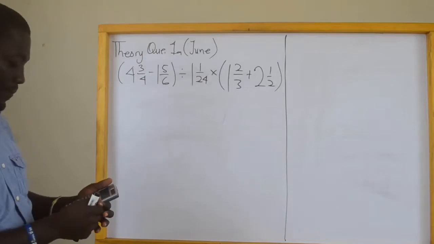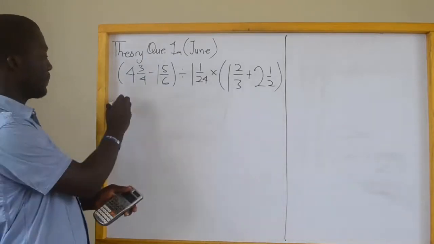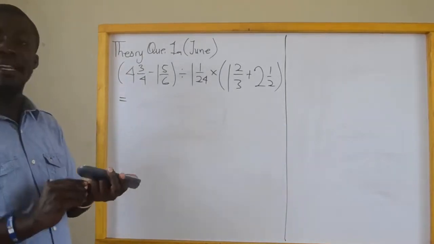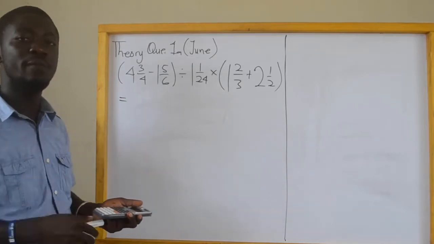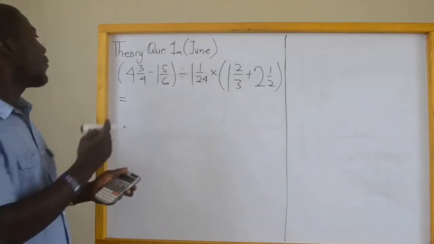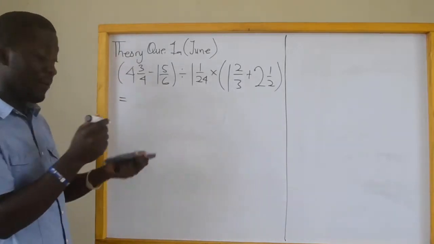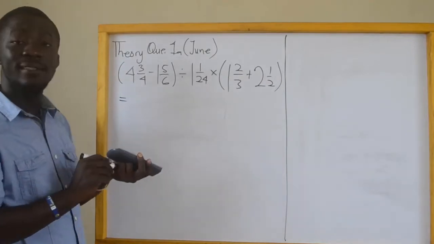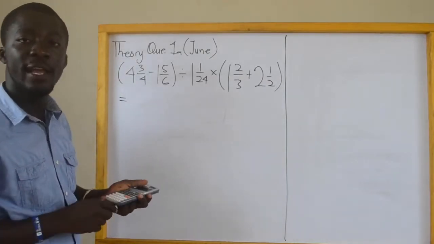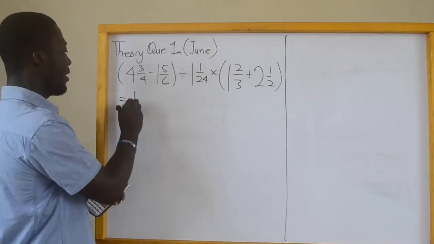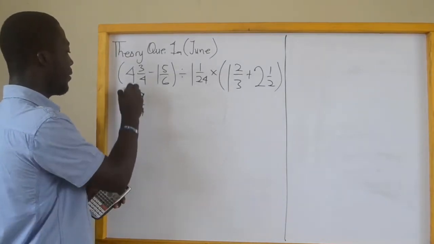Our first step is to convert the mixed fractions to improper fractions. So 4 times 4 is 16, 16 plus 3 is 19 over 4.